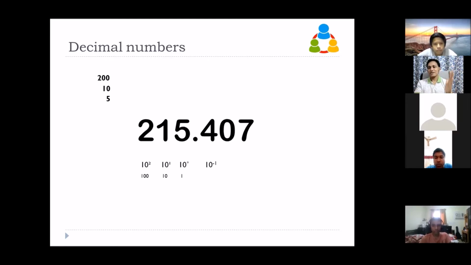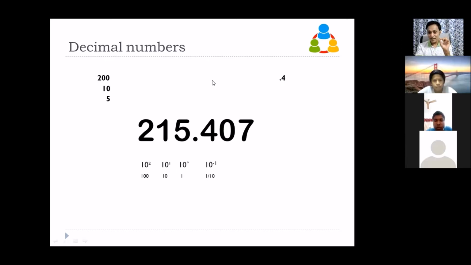Now go to the decimal side, same thing. The 4 is 10 raised to minus 1, or 1 by 10. So the value is 0.4, because it is 4 by 10. The second position's place value is 10 raised to minus 2, or 1 by 100. So what is the value of this one here, what will you add to 0.4?